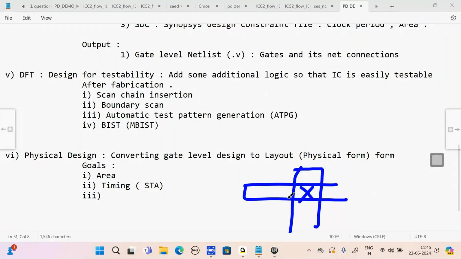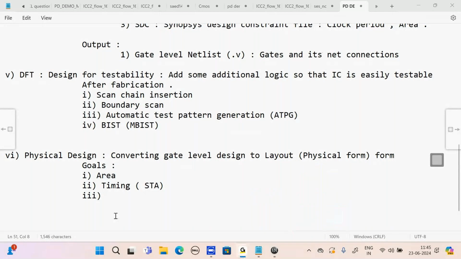You cannot give this layout to the foundry. So you should follow the rules for fabrication. What are the rules?